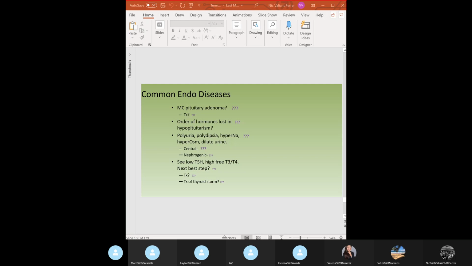Then you lose TSH. Then you lose ACTH. I know it's not fair. But if you have hypopituitarism, the first thing that is going to be lost is FSH and LH. So think about the reproductive system. Right? What happens to the testosterone and estrogen levels?